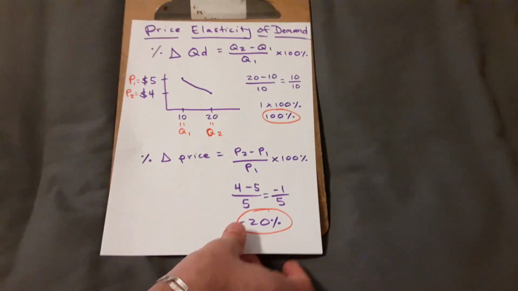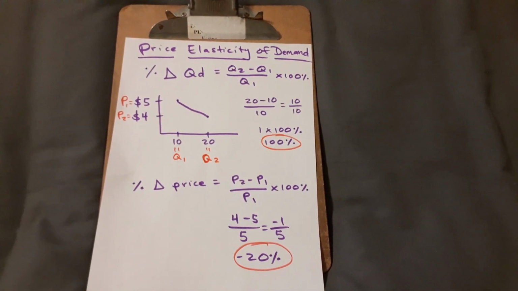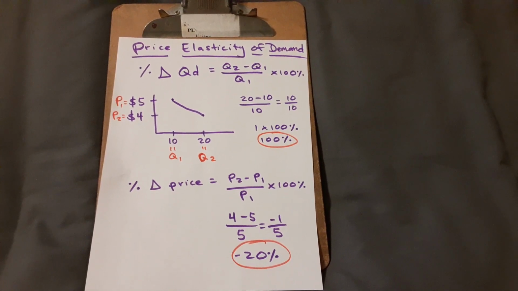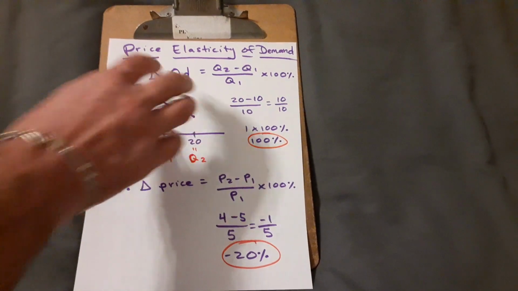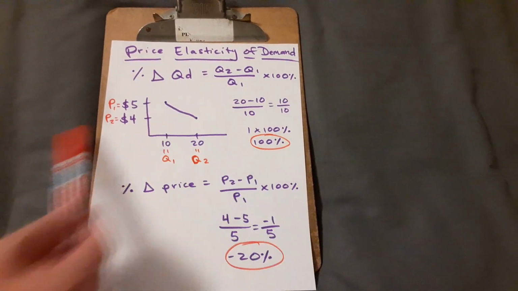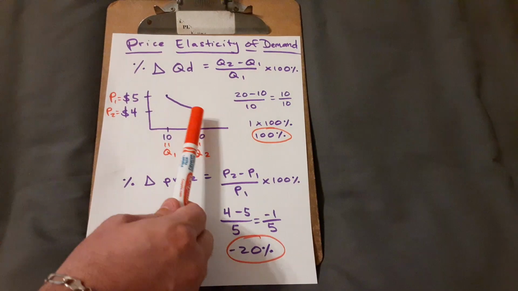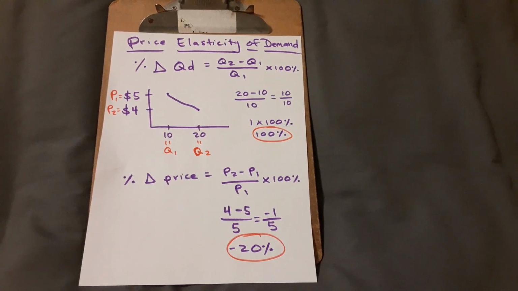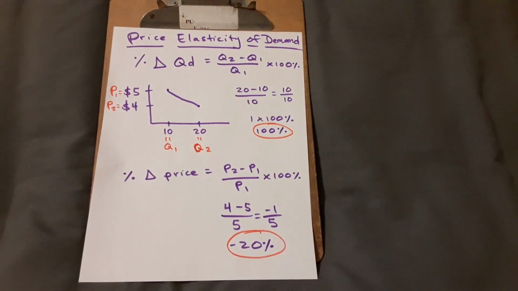Now, there's also a price elasticity of demand formula. And if they ask you to use the formula for price elasticity of demand, it has 3 parts. But let's look at this demand curve right here. Let's ignore the rest of this for now, and let's use the revenue test. So the revenue test is if we raise the price, what happens to revenue? At $4, consumers are buying 20, so that would be $80.